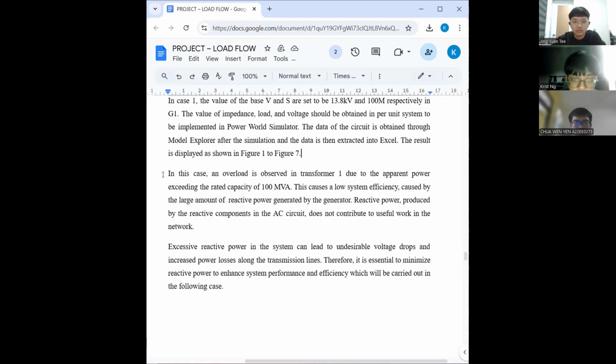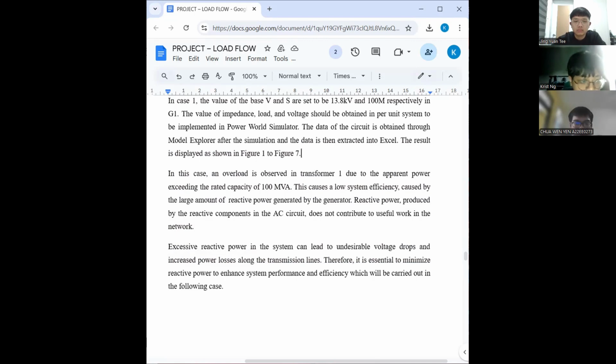In case 1, an overload is observed in transformer 1 due to the apparent power exceeding the rated capacity in MVA. This causes low system efficiency due to the large amount of reactive power generated by the generator. Reactive power is created by reactive components in AC systems like inductors and capacitors, where it helps maintain voltage stability.